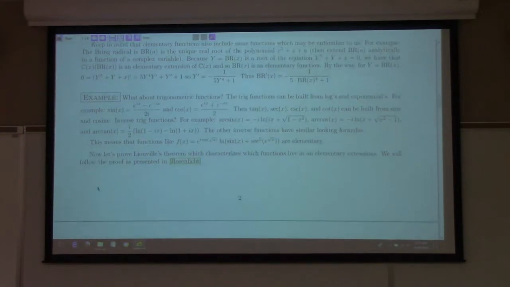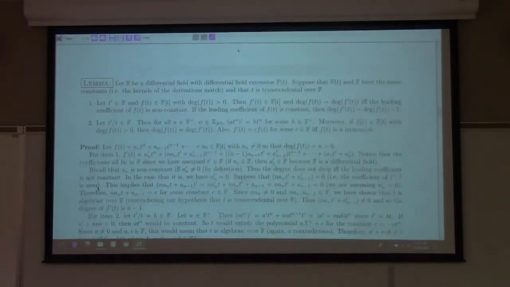Moving along here. So, lemma: if we have a differential field with extension f of t, if f of t and f have the same constants, and t is transcendental over f, then let's see here.